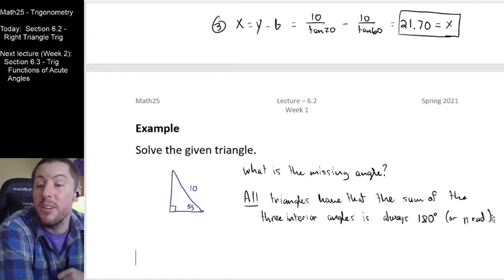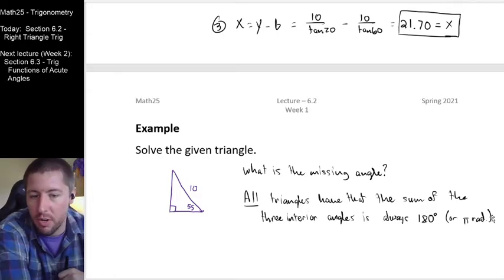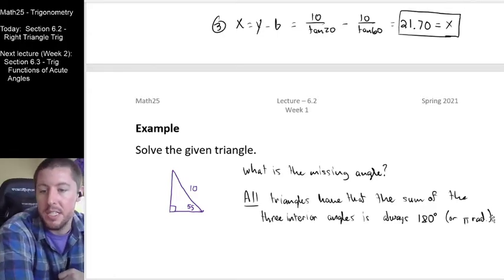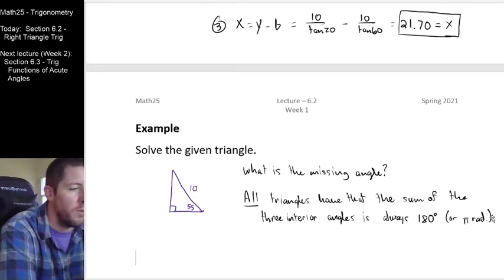Right? Always. Every single triangle that's ever been drawn in the history of triangles has 180 degrees as the total number of degrees associated with that triangle there.